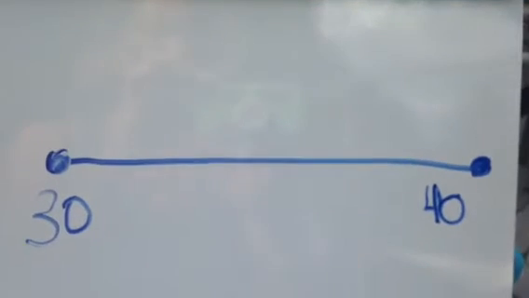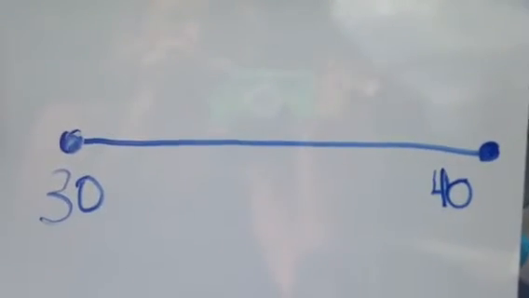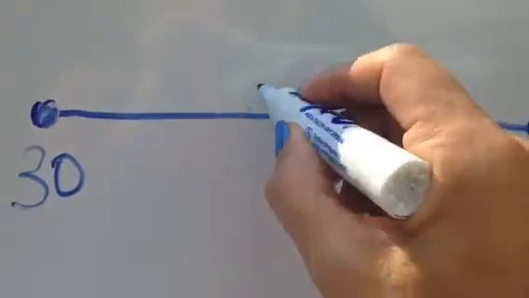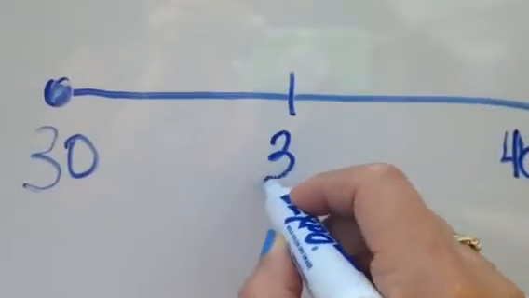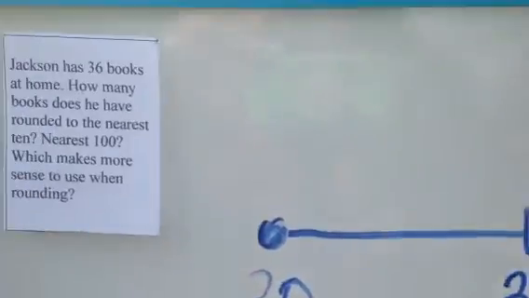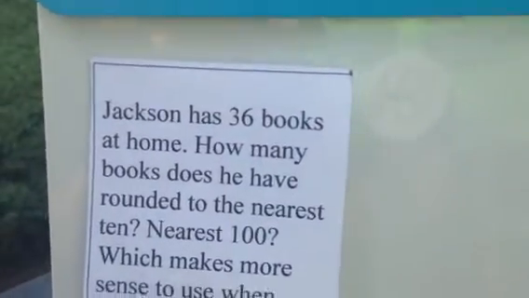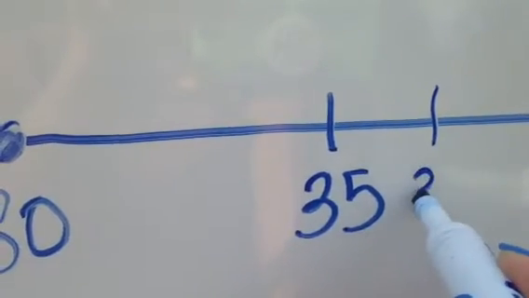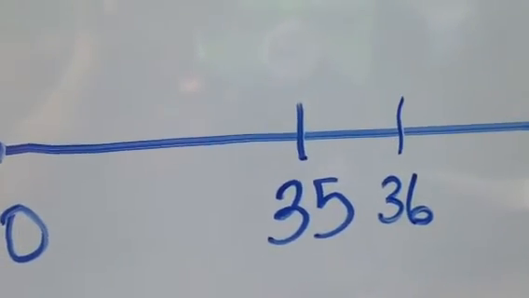And I'm going to say to myself, okay, what number comes between 30 and 40? What is halfway? It's 35. So I'm going to plot the number 35 on my number line. Now, the number is 36. Well, I know 36 is one more than 35, so I place 36 on my number line.